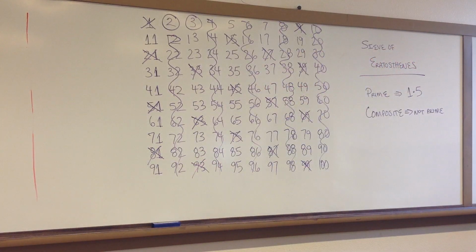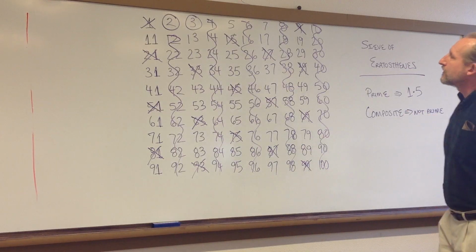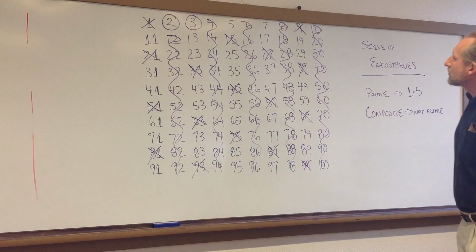So all those multiples of 3 are also composite numbers, and therefore they're not prime. So we cross them out.